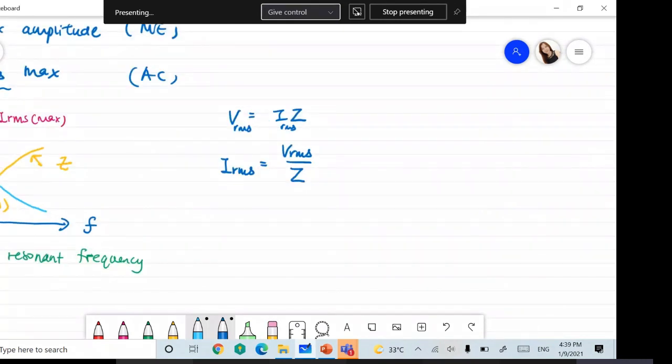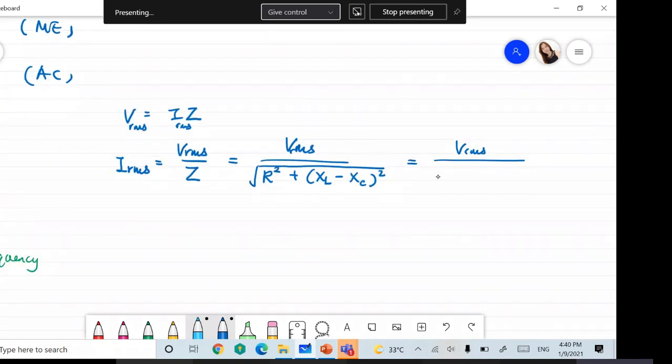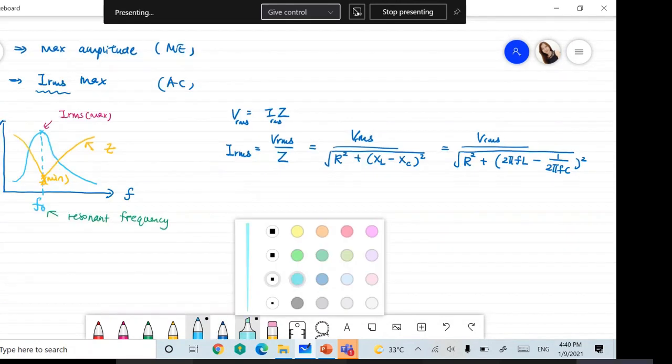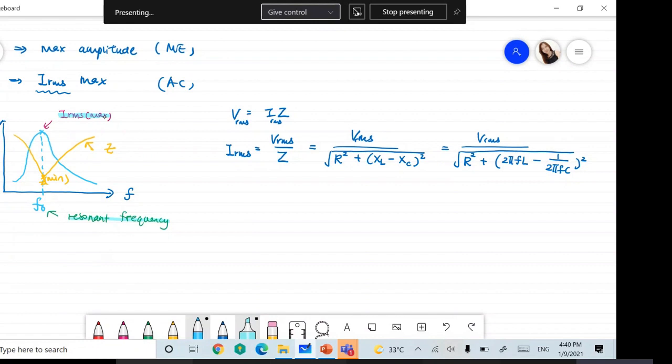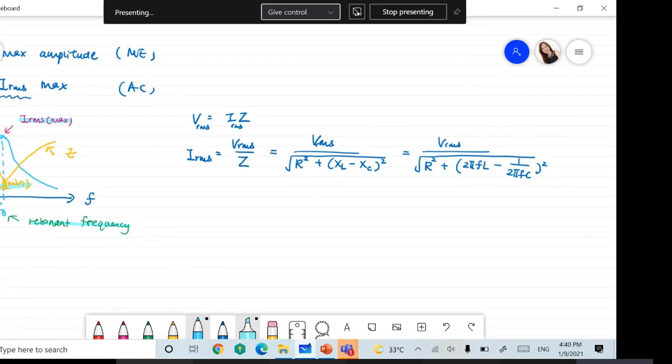Where Z is equal to the square root of R squared plus (XL minus XC) squared. So R squared plus (2 pi FL minus 1 over 2 pi FC) squared. At the resonant frequency, IRMS is the maximum and impedance will be the minimum.